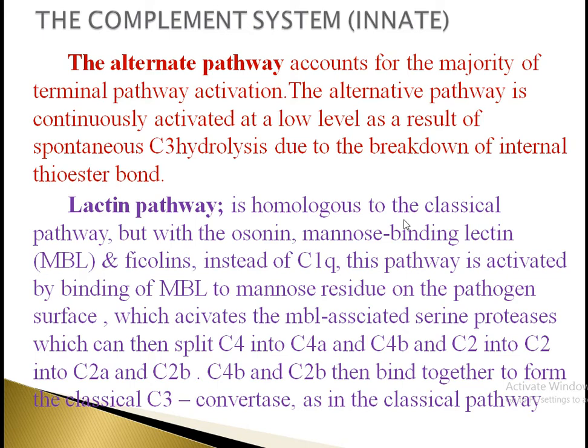These can then split C4 into C4a and C4b, and C2 into C2a and C2b. C4b and C2b then bind together to form the classical C3 convertase, as in the classical pathway. So at this stage, they join the main classical pathway.